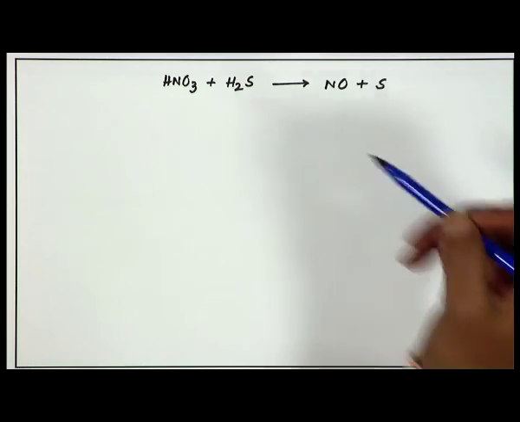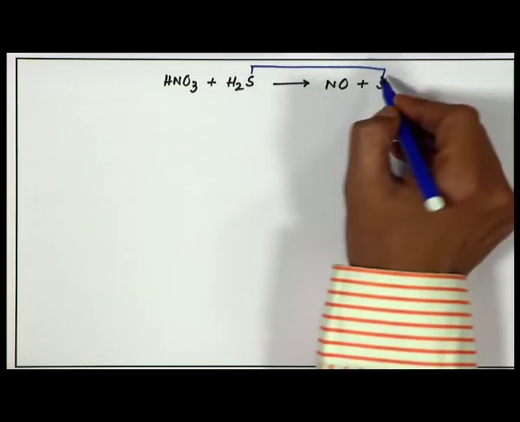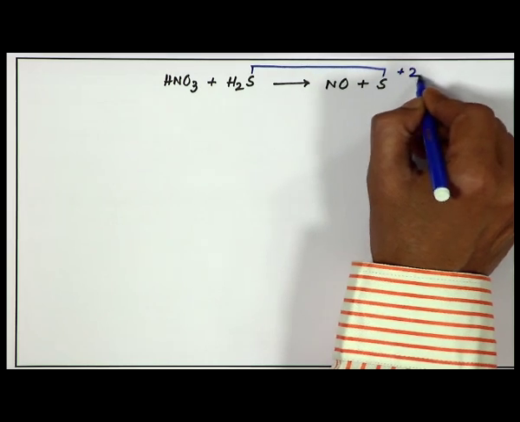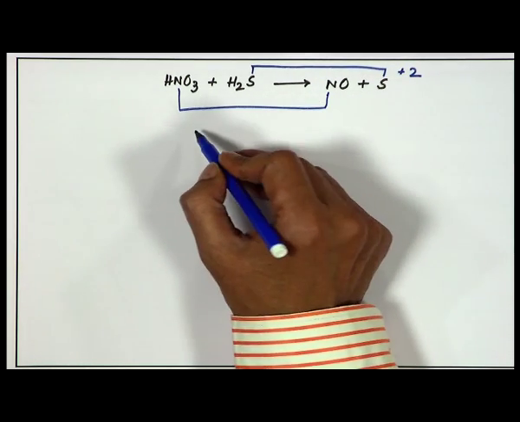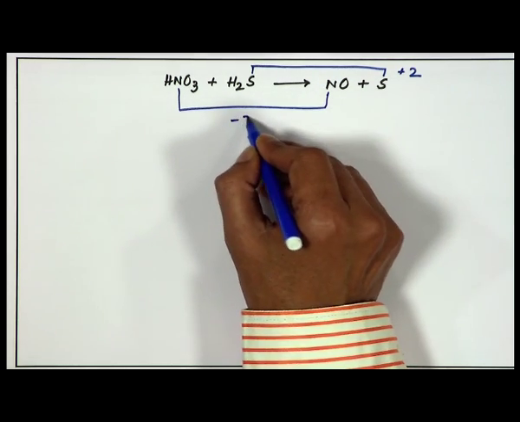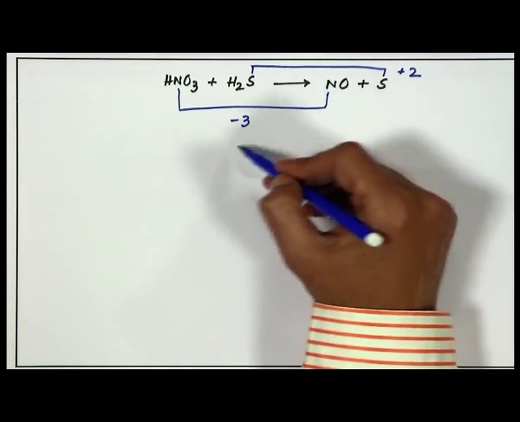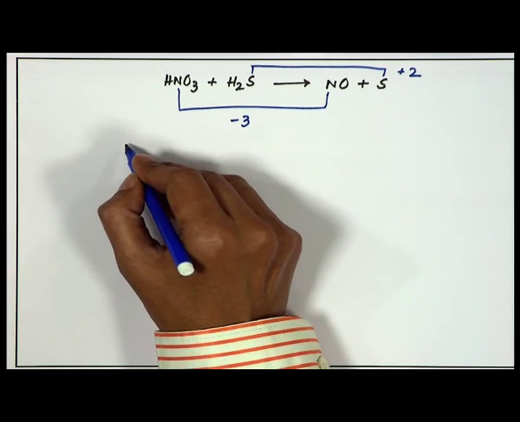This is a very precise example: sulfur goes from -2 to 0, a change of +2, and nitrogen changes from +5 in nitric acid to +2 in nitric oxide, which is -3. So the multiplication will be in terms of 2:3.